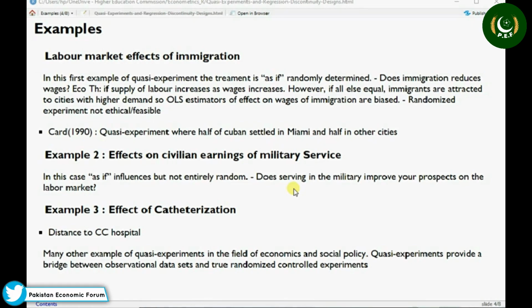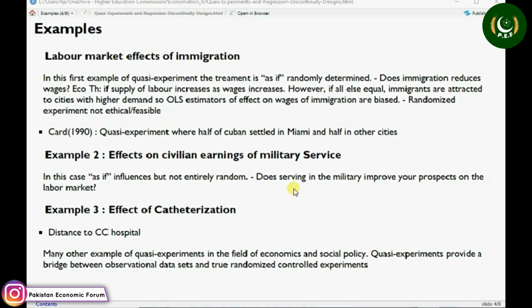So the lottery method determines partially as if random, so you may use 2SLS. I have given this example time and again in the instrumental variable chapter and in previous videos of this chapter on experiments: distance to cardiac catheterization hospitals.